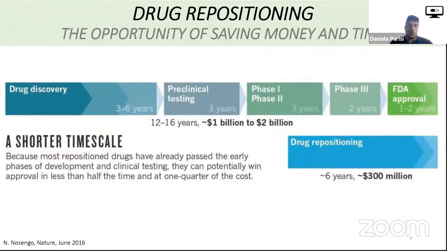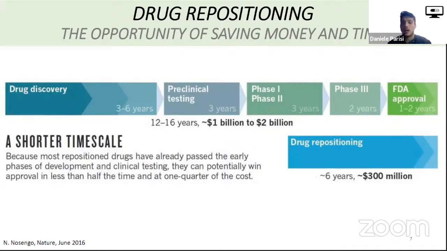Of course, we are also developing different techniques that can help overcome this problem. One of the approaches that has been explored and used more and more over the years is drug repurposing. Drug repurposing means using drugs that we already have on the market, or that have been rejected in one of the clinical trials, in order to save time and money to get the drug on the market for a different therapeutic indication.